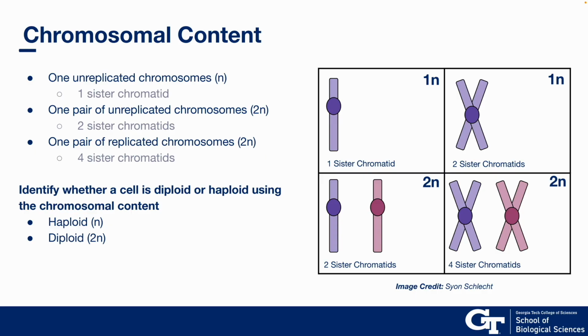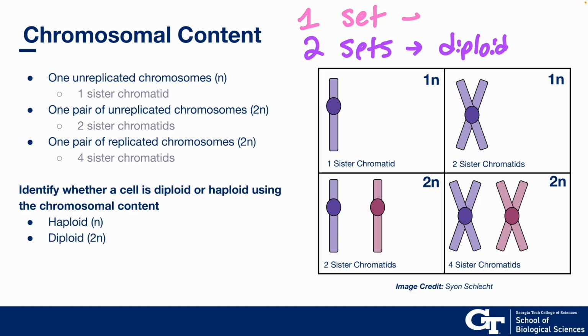What that means is that it gives us a way of describing the chromosomal content based on how many sets of chromosomes are available. We can have either one set or two sets. If we have two sets, that's diploid, and if we have one set, that's haploid.